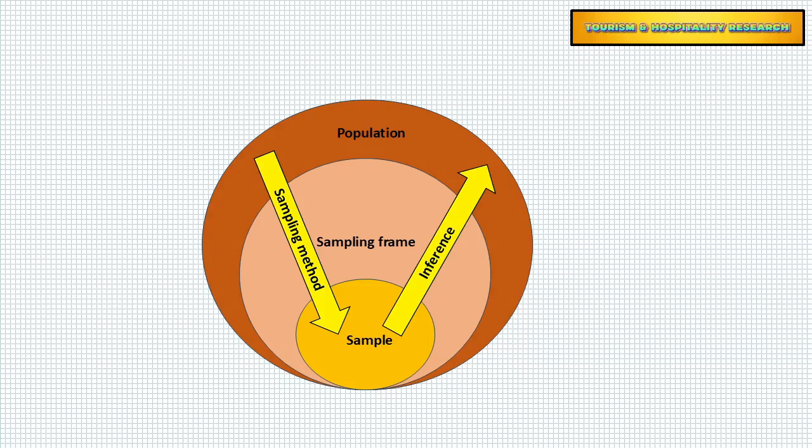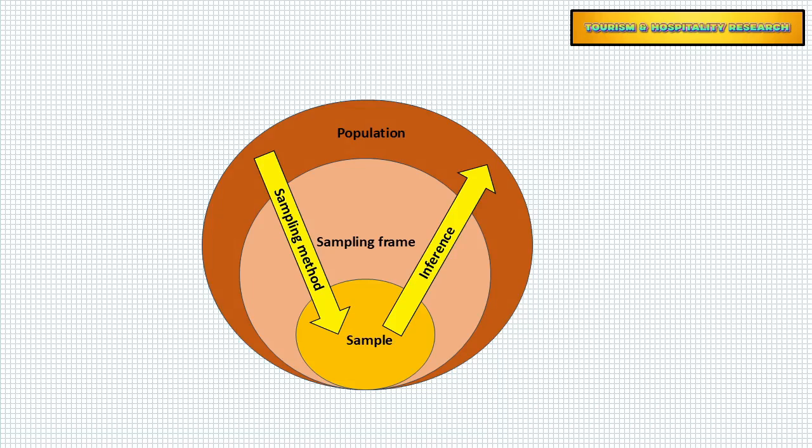So the sampling method is something which helps us to collect the sample respondents, the way, the technique to collect the relevant respondents from the population. That is what is meant by sampling method.